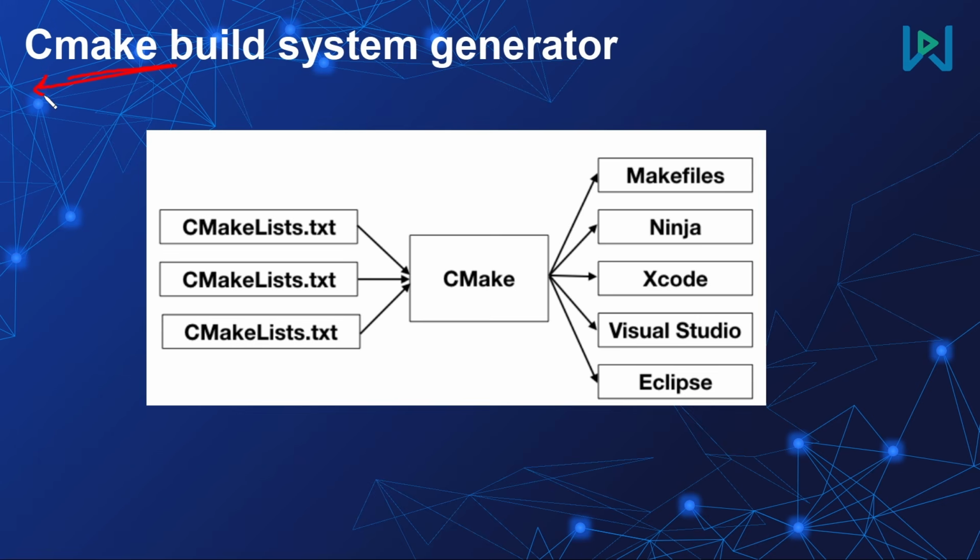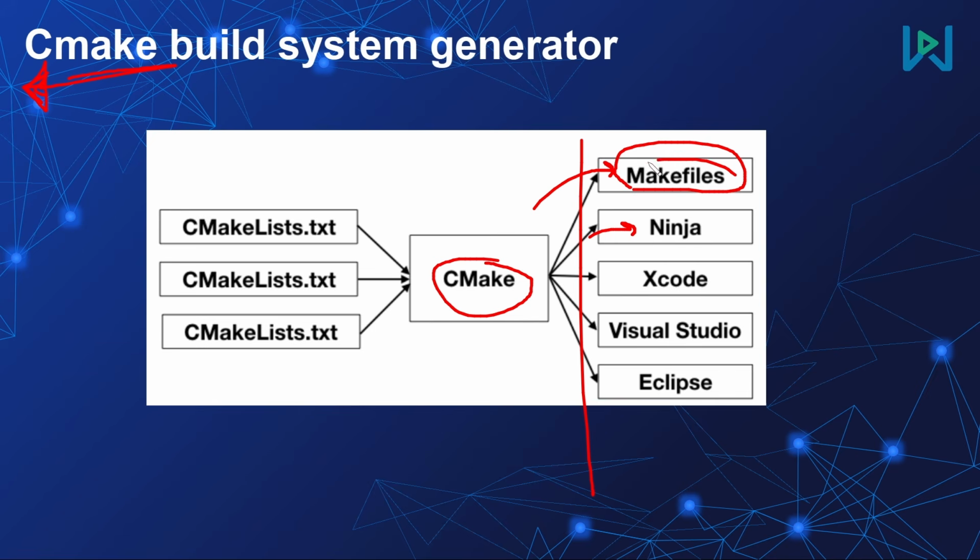CMake, as I stated before, is not the one that will trigger the compilation of the different sources and the generation of the final binary. CMake is like an interface to trigger the generation of a set of backend files. So it automates the flow of the generation of those files.